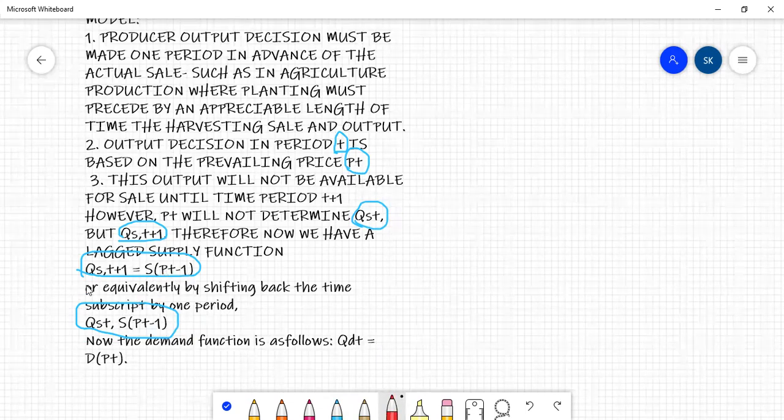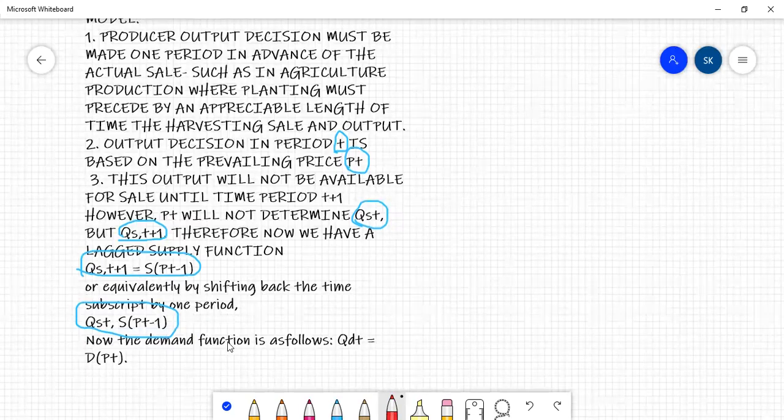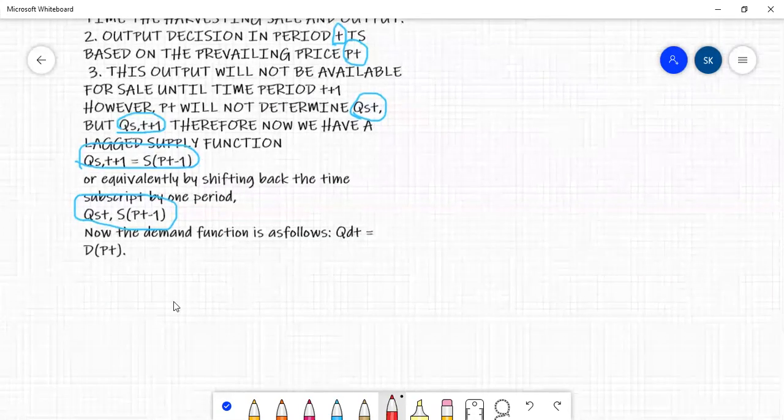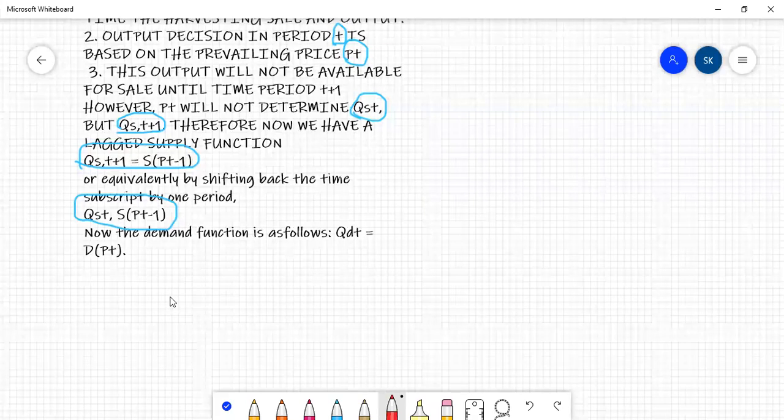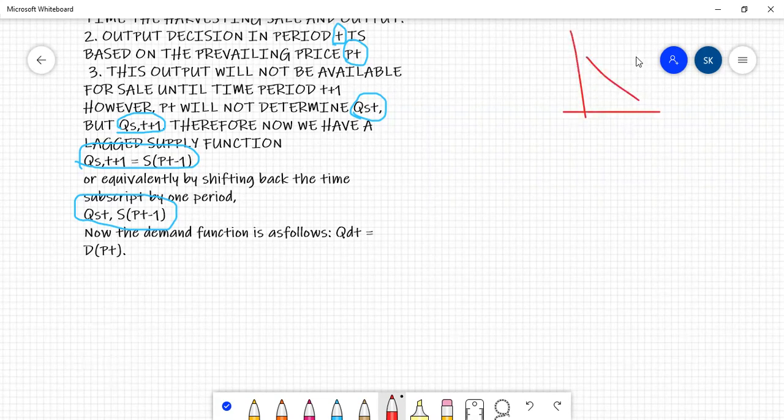So now let's move forward and start solving this particular model in order to understand it. We will take the linear version of the lagged supply and unlagged demand function, and we will assume that at each time period the market price is always set at a level which clears the market. As we know, at equilibrium the price should be such that it clears the market. If it is not, then our equilibrium price cannot be attained.